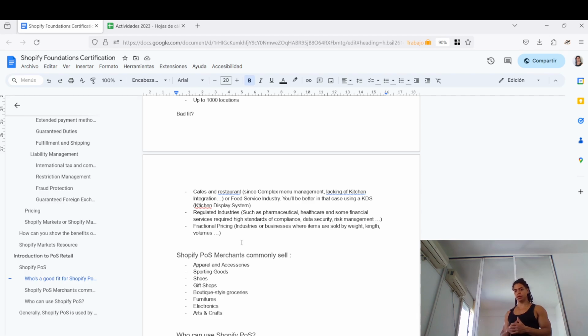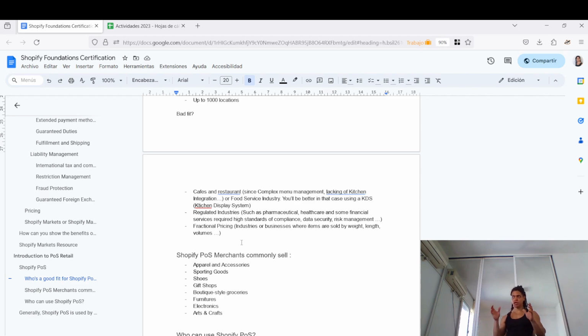And also for heavily regulated industries, because, for example, in healthcare, pharmaceutical, or some financial services, they need to meet regulatory standards of data management and risk management. So this is not good for those kinds of businesses.